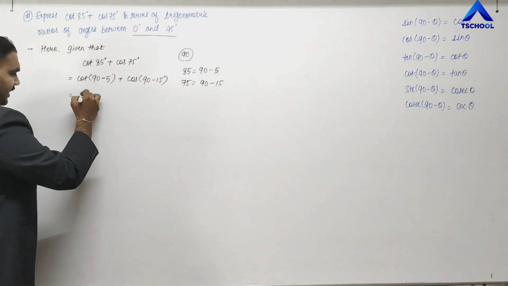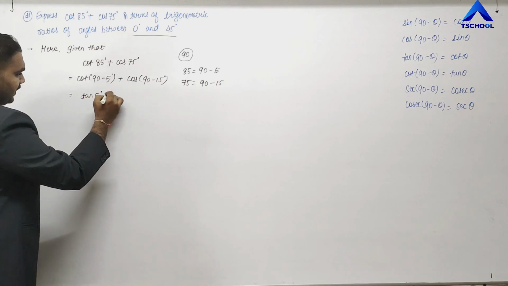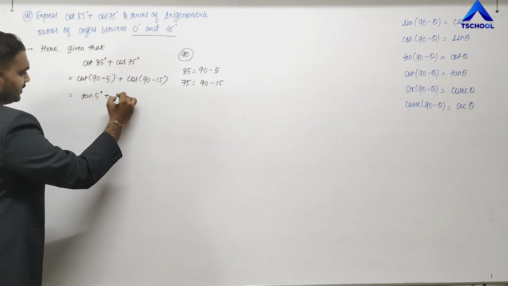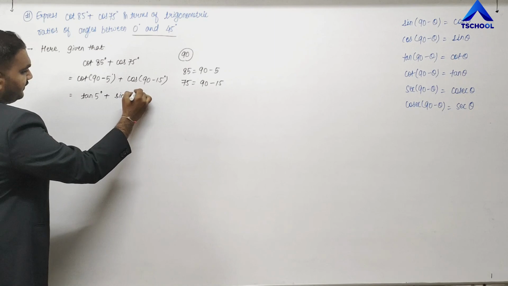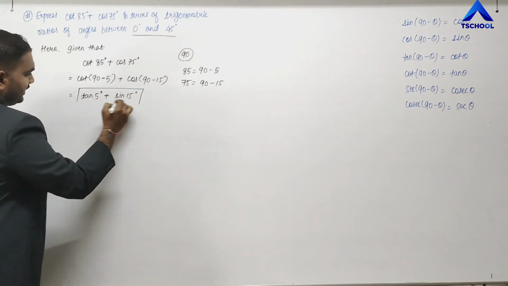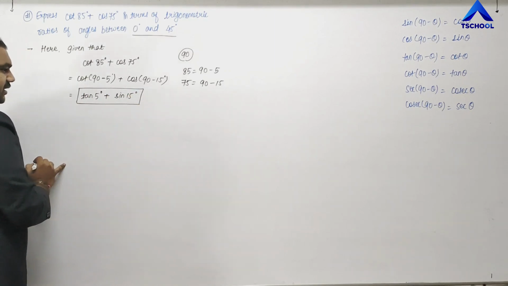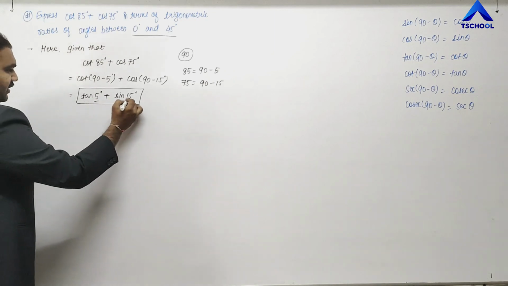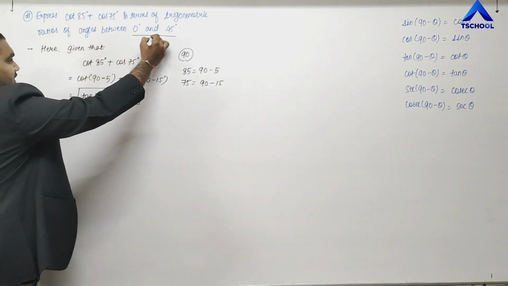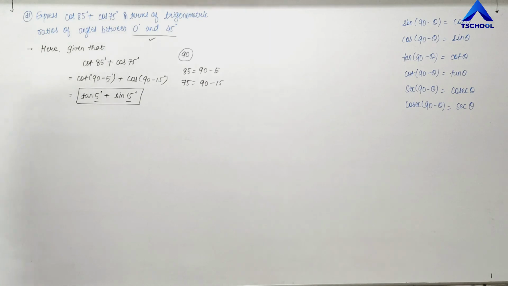So applying here, that gives me tan 5 degree plus sin 15 degree, and that is your answer. You can see that both of the angles 5 and 15 lie in between 0 and 45, and hence the answer is tan 5 degree plus sin 15 degree.